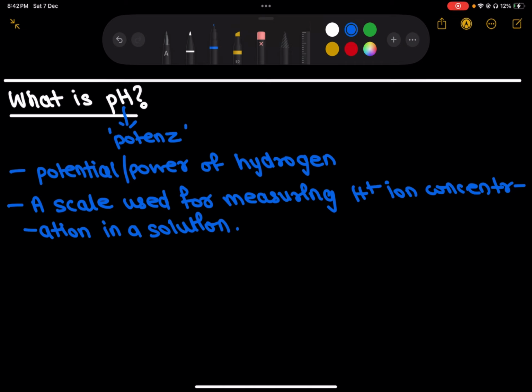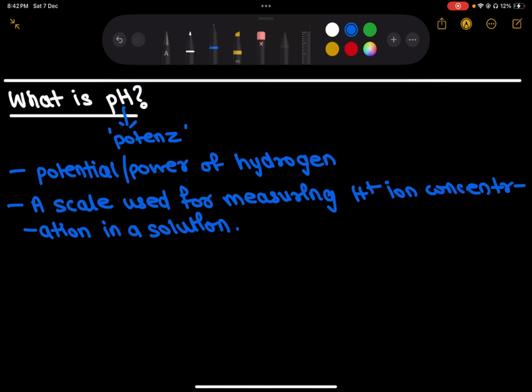Now we have seen that acids and bases are distinguished by indicators. So which indicator do we use for this universal purpose? Obviously we use the universal indicator. This universal indicator is a mixture of very many indicators. Several indicators are mixed together to form the universal indicator, and it shows different colors for different levels of hydrogen present.